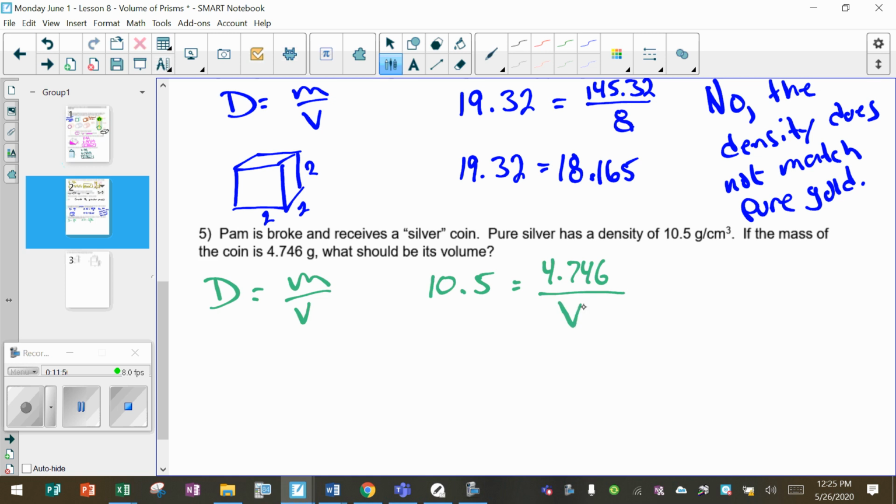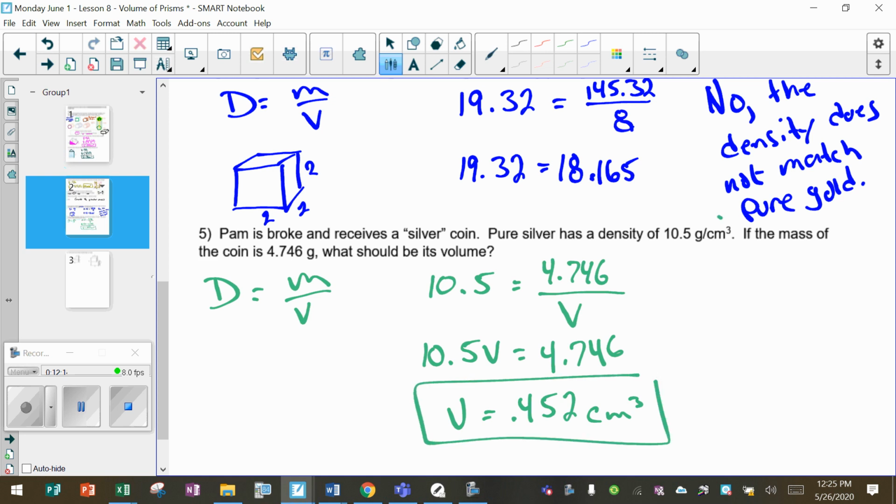Let's figure out what the volume should be. So we can just cross multiply. Then divide. And our volume, the cubic centimeters, based on the density units.